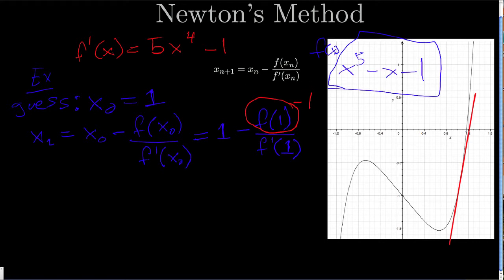And f prime of 1, I would plug 1 into here, which would give me 4. So this is 1 minus negative 1/4, or 1.25. So this right here is x sub 1. This is my first approximation.